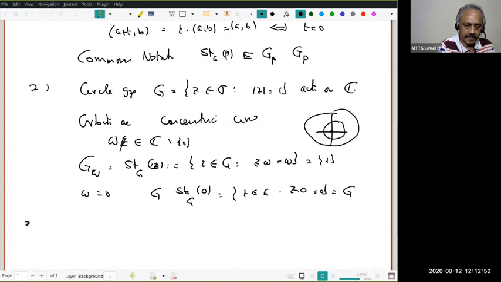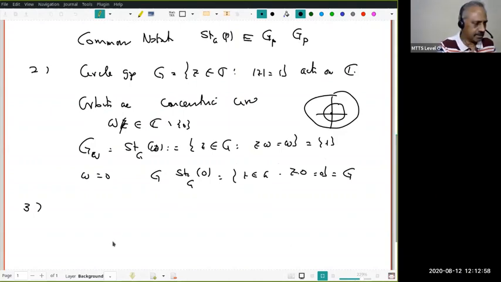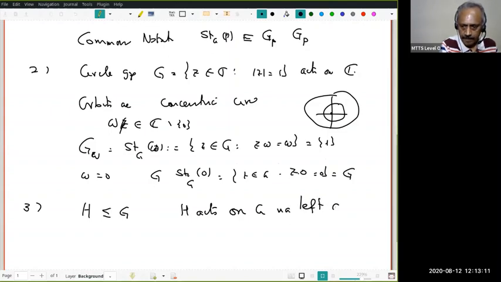A third example: let's come back to an abstract example. Let H be a subgroup of G. Then we know H acts on G via left multiplication. What does it mean?